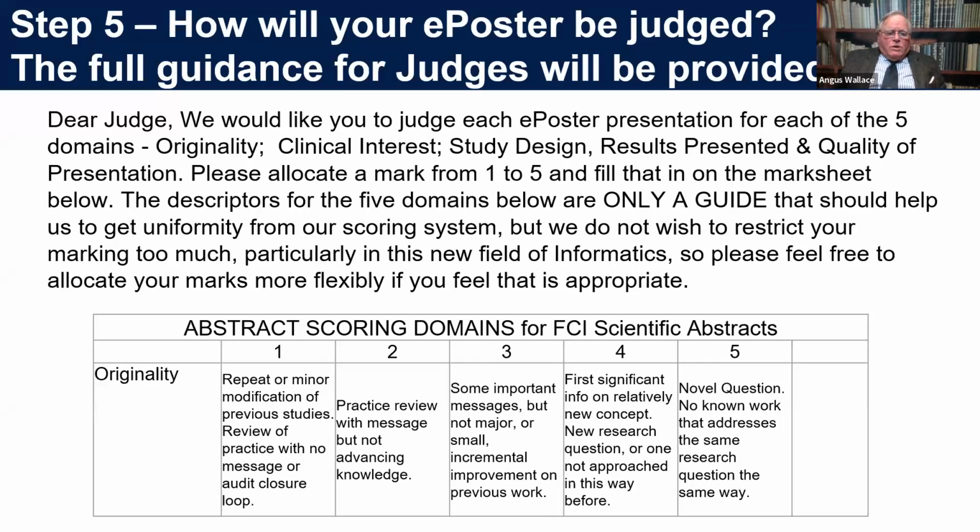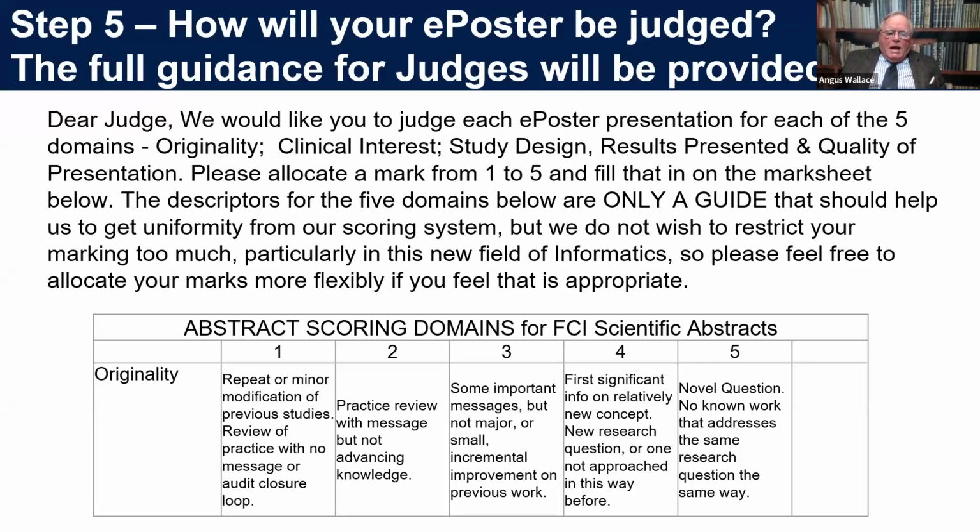Now, I have shared with all of you the guidance that we are giving to the judges for marking the ePoster. This is only one part of it, and it's only a guide, but it means that we do get a bit of uniformity in the marking system.